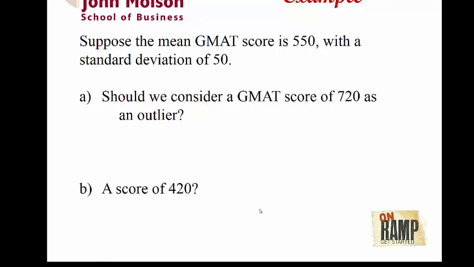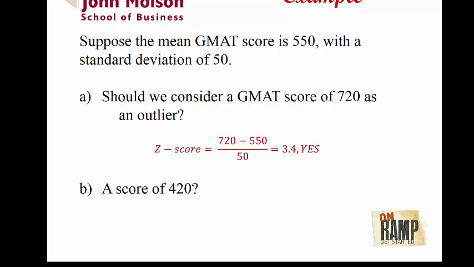Let us apply this. Suppose the mean GMAT score is 550 with a standard deviation of 50. Should we consider a GMAT score of 720 as an outlier? You just got 720 for your GMAT. Should that be considered an outlier? How will we know that? Let us calculate the Z-score that corresponds to 720.